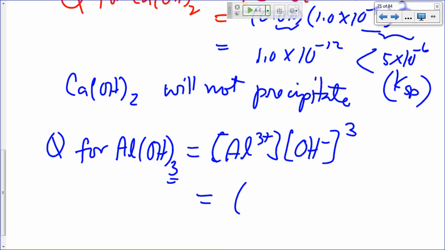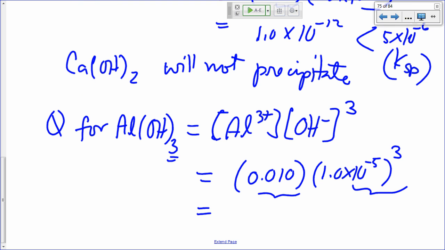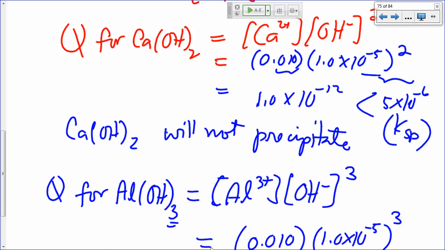So again, aluminum concentration is 0.01, same as the calcium, and hydroxide is 1.0 times 10 to the negative 5, so you cube that, and what would that give you? That's 10 to the negative 15, and this is 10 to the negative 2, so that's 1.0 times 10 to the negative 17.